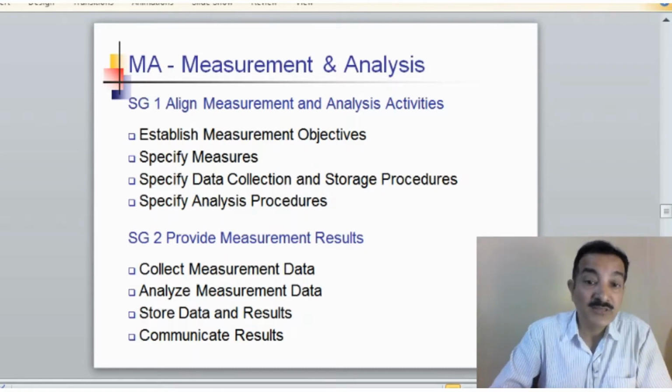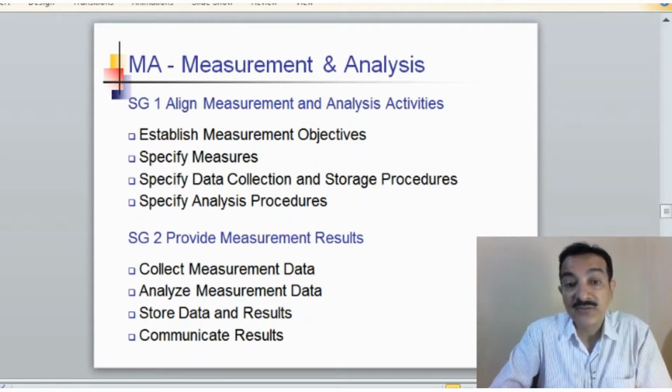Establish measurement objectives, specify measures, specify data collection and storage procedures, specify analysis procedures. The specific goal 2 is provide measurement results. That is, collect measurement data, analyze measurement data, store data and results, and communicate results.